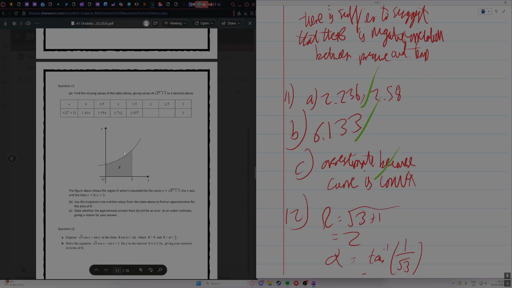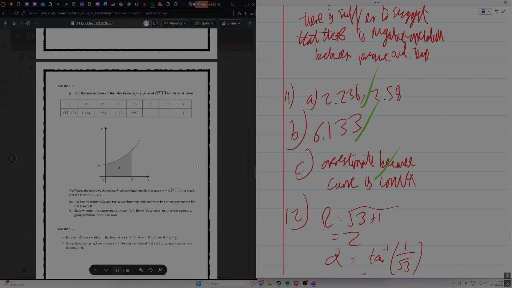So this is convex. If this would be a 1 mark question, you can see that it's going to be an overestimate, because if you draw a trapezium on this, it will be an overestimate. But you have to explain it's because the curve is convex. If you don't remember whether convex or concave is an overestimate or an underestimate, you can just look at the diagram, see that it's going to be an overestimate, look at the curve and deduce that it's convex.